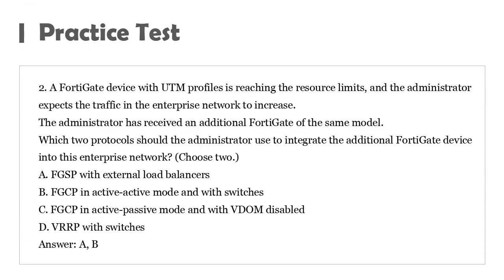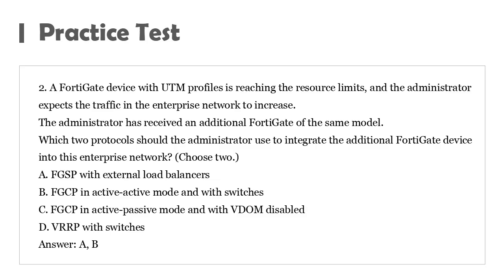2. A FortiGate device with UTM profiles is reaching the resource limits, and the administrator expects the traffic in the enterprise network to increase. The administrator has received an additional FortiGate of the same model. Which two protocols should the administrator use to integrate the additional FortiGate device into this enterprise network?